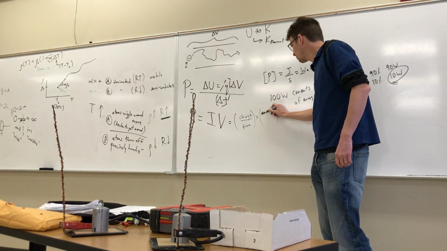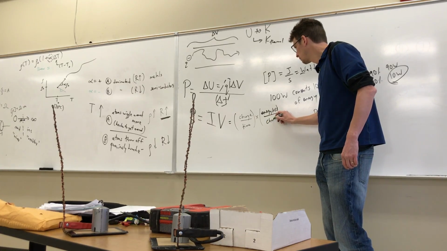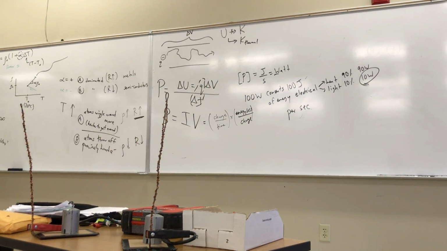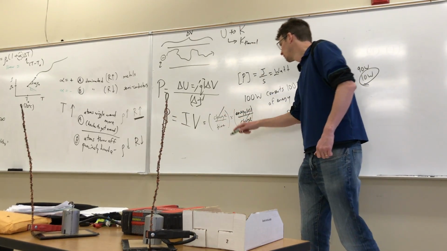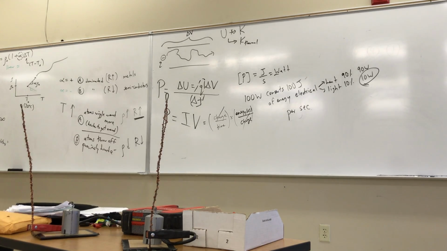So this is energy per charge. So this is energy lost per charge. Okay? A volt is a joule per coulomb. Now if you notice here, the charges are just the middleman, but what you do have is energy lost per time. And again, when I say loss, I mean as heat.